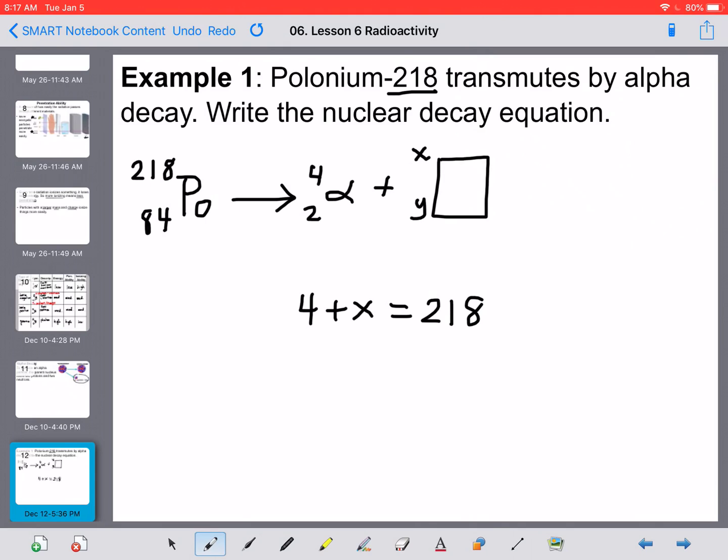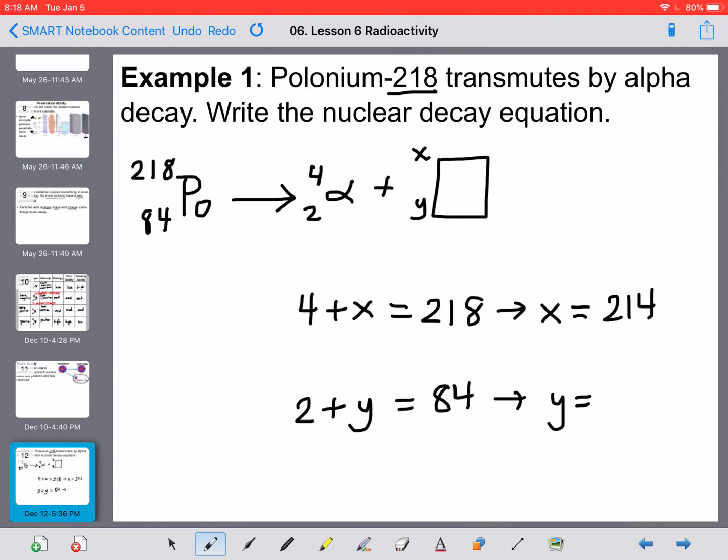And similarly, we do the same thing on the bottom. So 2 plus Y is going to be equal to 84. So we can go ahead and solve for X. Looking at this, I can see that X is going to be 214. And looking at this, I can see that Y is going to be 82.